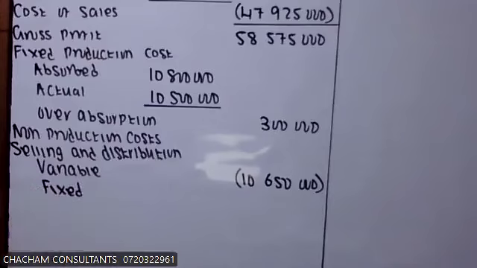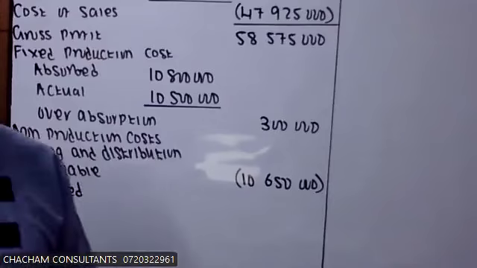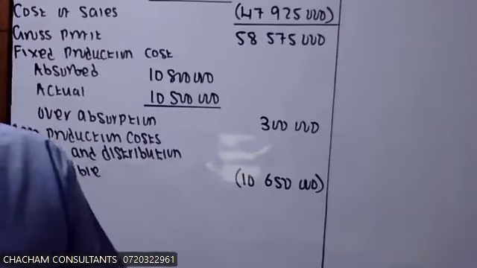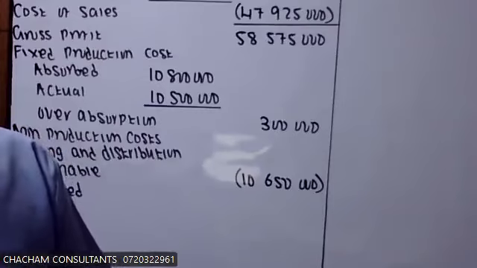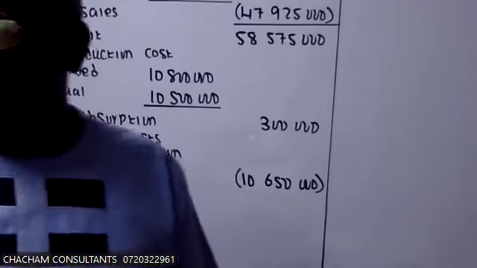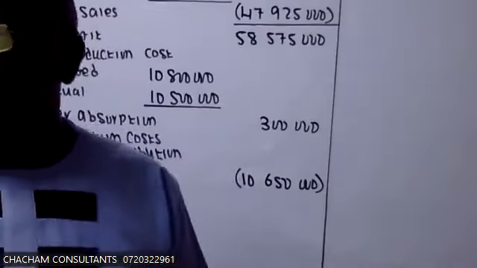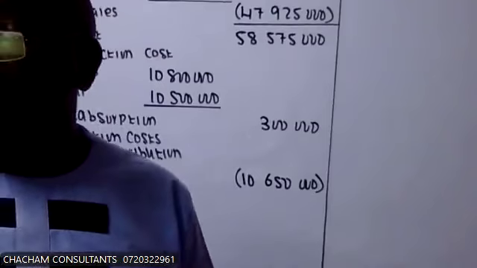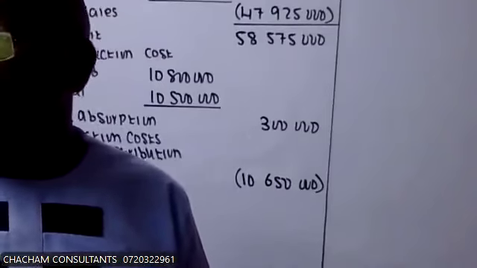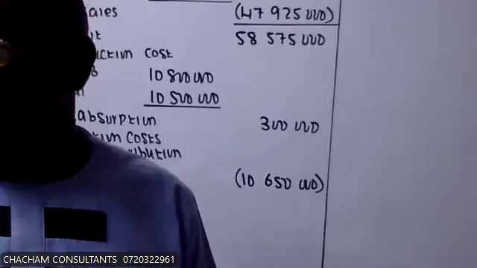Now the budget fixed, we are told is 9 million, but if you look at information 4, budget fixed selling overheads were 50,000 less than the actual.